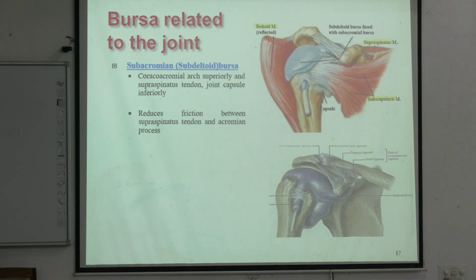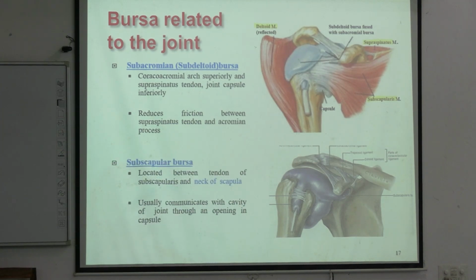This is one. Another one is present under it, under the subscapularis. We have a muscle here which comes from the scapula, the subscapularis. So between the neck of the scapula and the subscapularis muscle, there is another bursa, another pillow. We call it the subscapular bursa, which is related to the neck of the scapula.